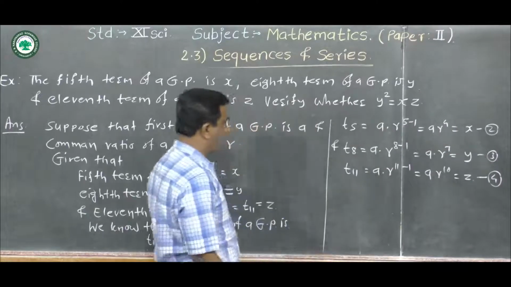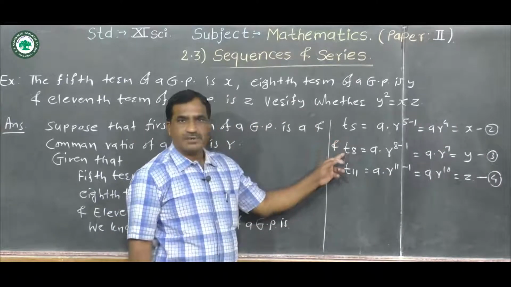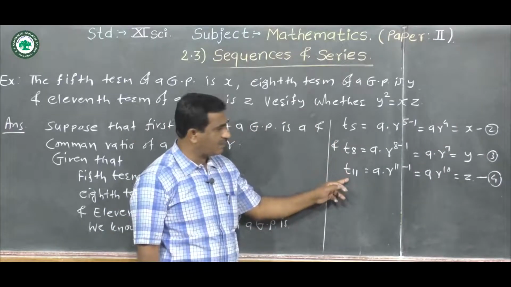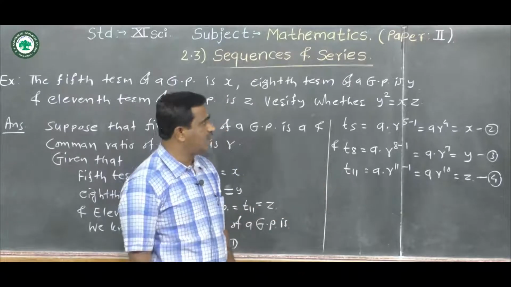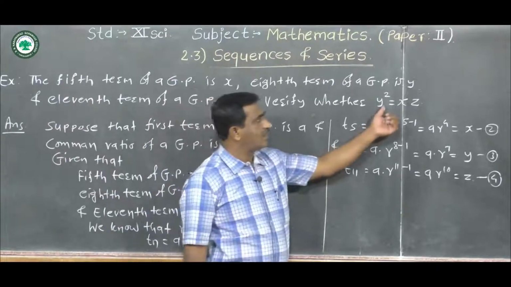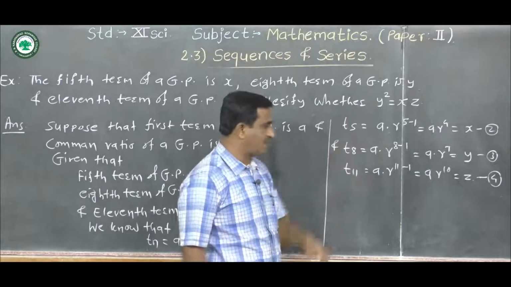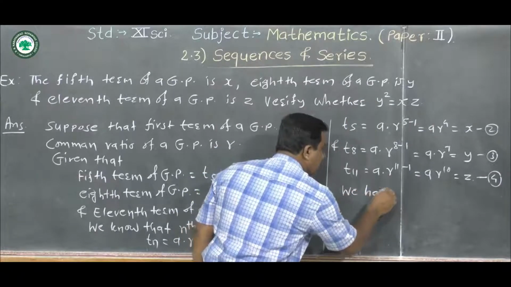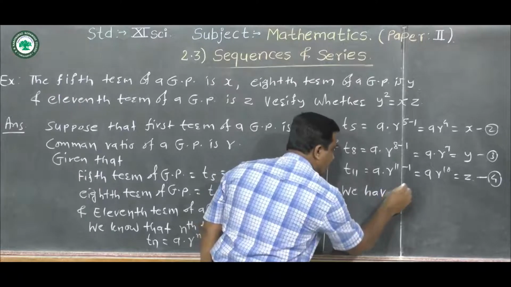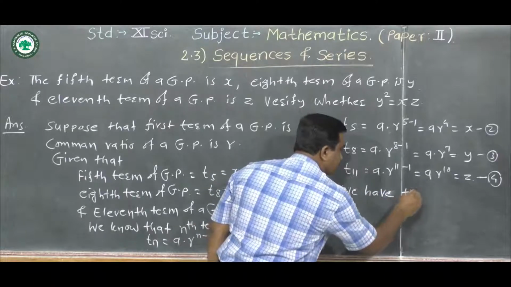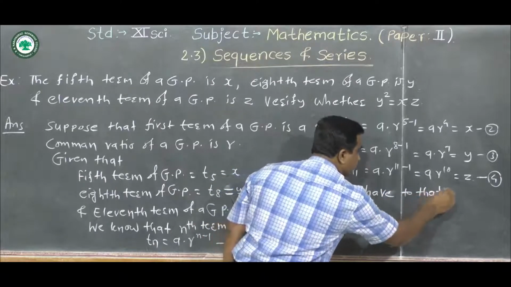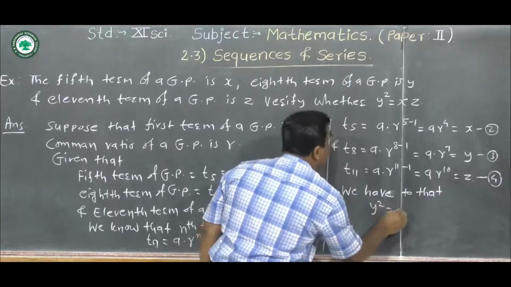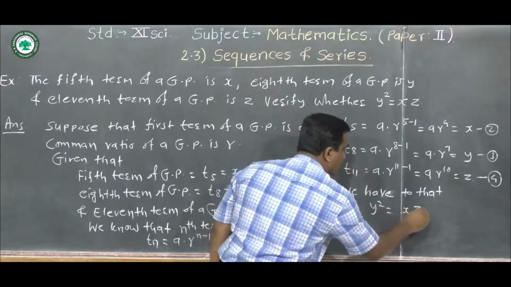Now these are the fifth term, 8th term and 11th term of a geometric progression. Now we have to verify that y square equals x into z. We have to show that y square is equal to x into z.